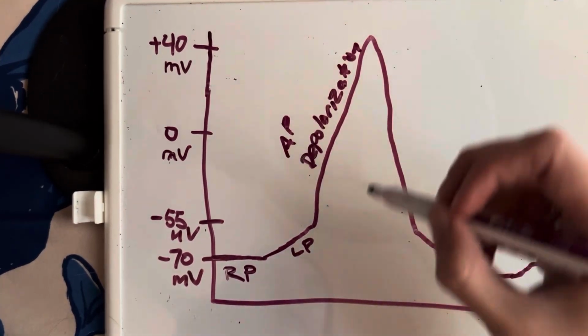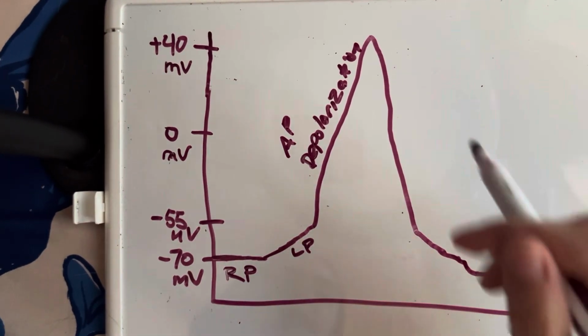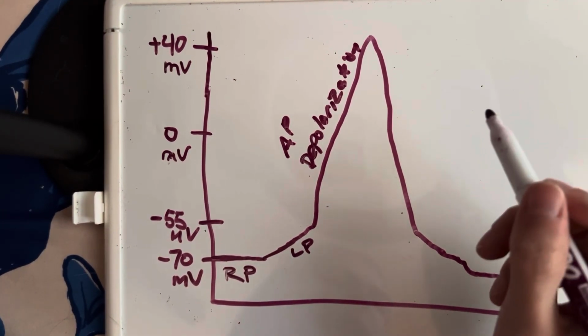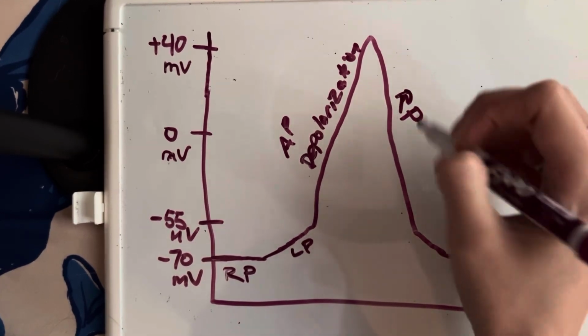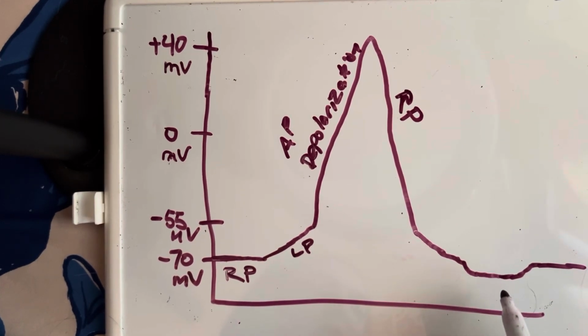And it happens up until around positive 40 millivolts, and then after that it starts moving back down and repolarizes down, and then it ends up stabilizing back down into the negative 70 millivolts.